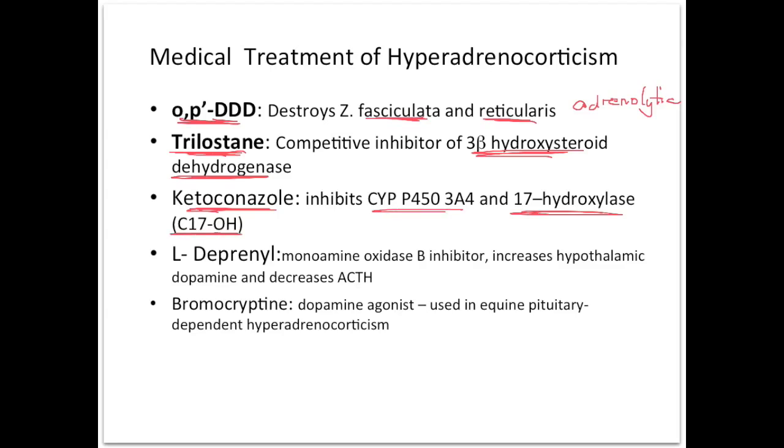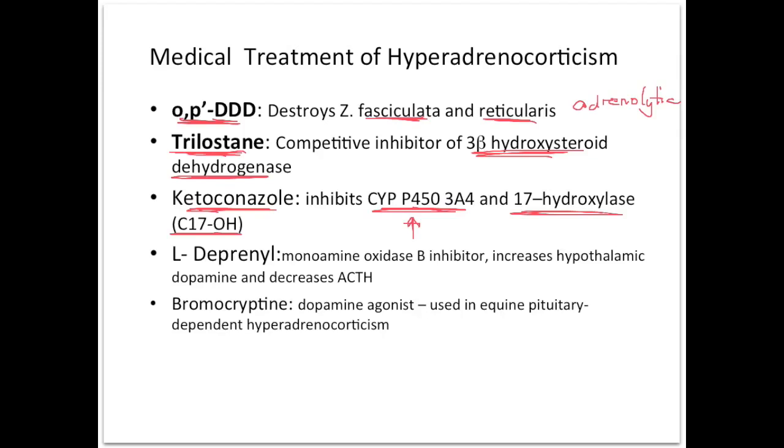It also affects the cytochrome P450 3A4 enzyme, and the combination of these two effects, particularly at high doses, will lead to the reduction of production of the steroid molecules. However, right now it's kind of fallen out of favor, and ketoconazole is mainly used because of its CYP inhibition activity, and that's to reduce metabolism of other drugs. An example might be cyclosporin.